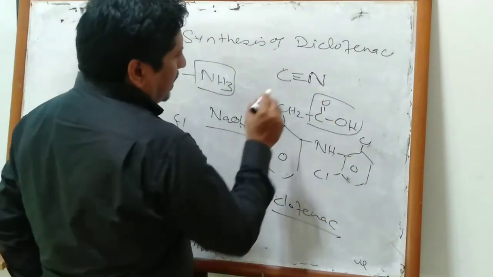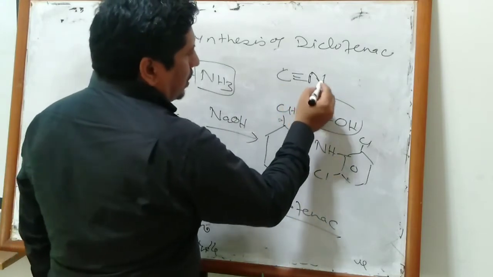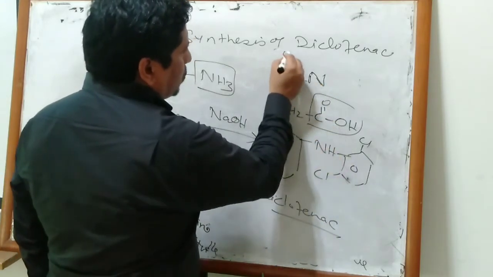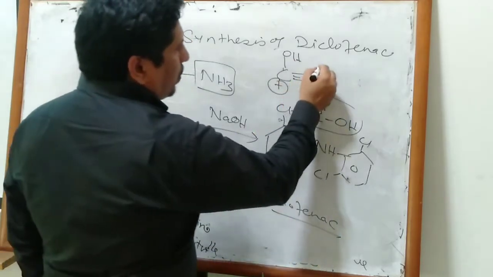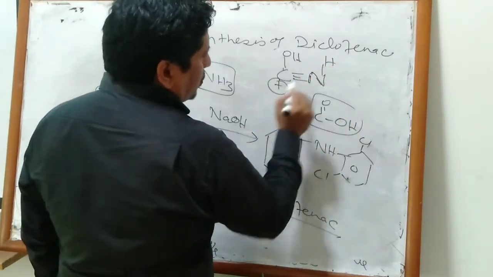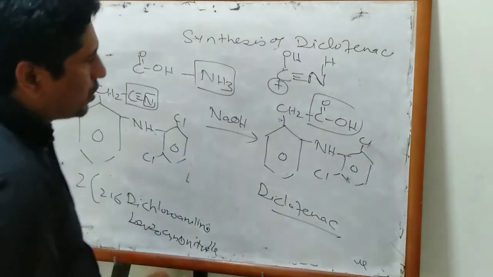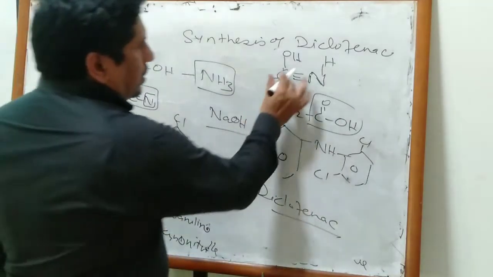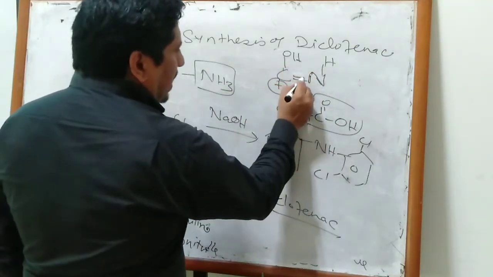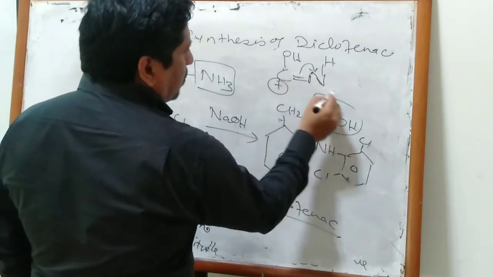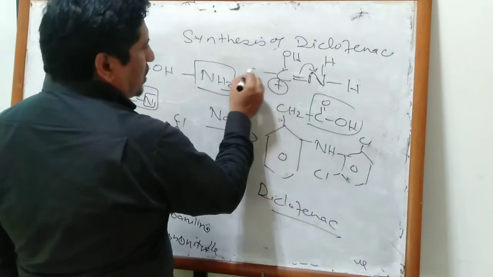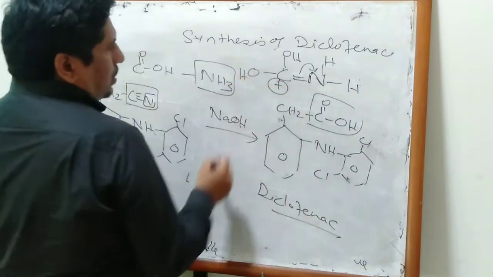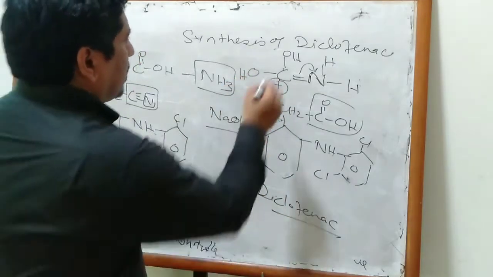When water is added to the cyano group, the hydroxyl group will get attached to the positive carbon atom, and a proton will get attached to nitrogen, because nitrogen is more electronegative than carbon. When the second pi electrons move towards nitrogen, a proton will get attached to that nitrogen, and the OH group will get attached to the electron deficient carbon.